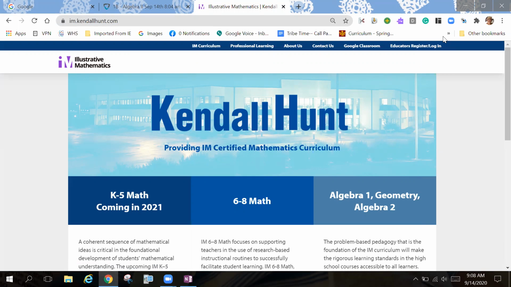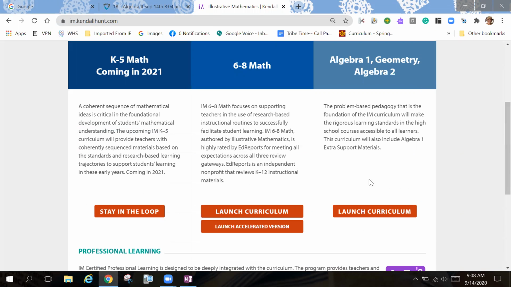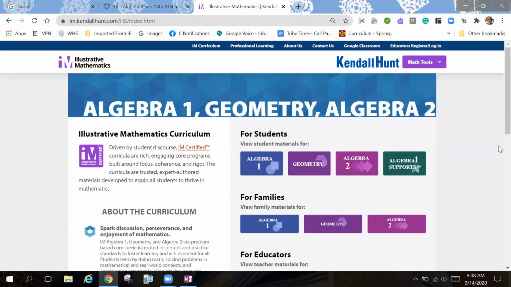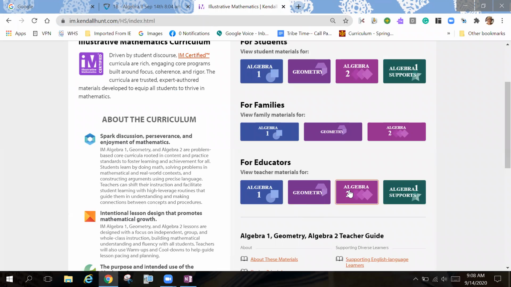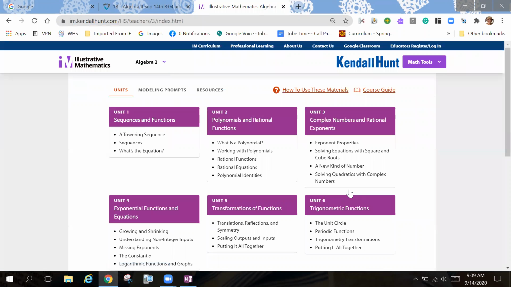What you can do is download or open it in Google Docs, make yourself a copy and type on it. It's not there yet, but I'm getting it.